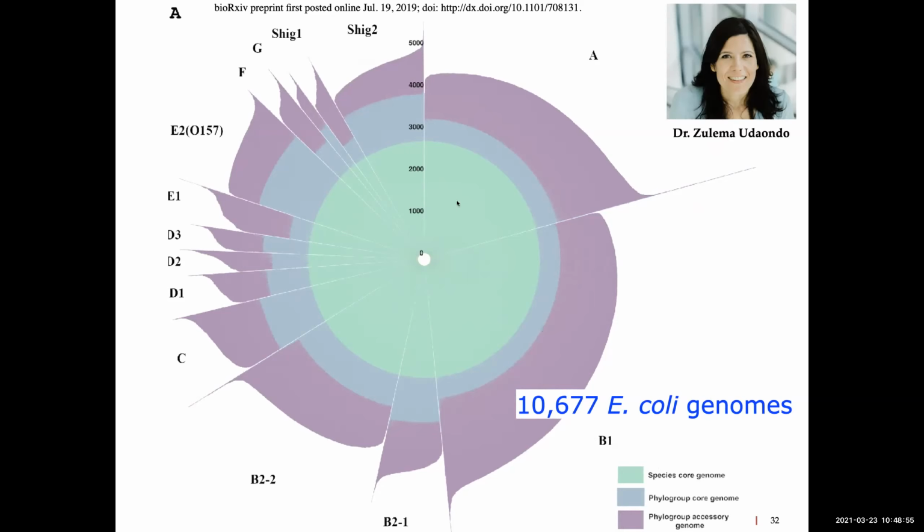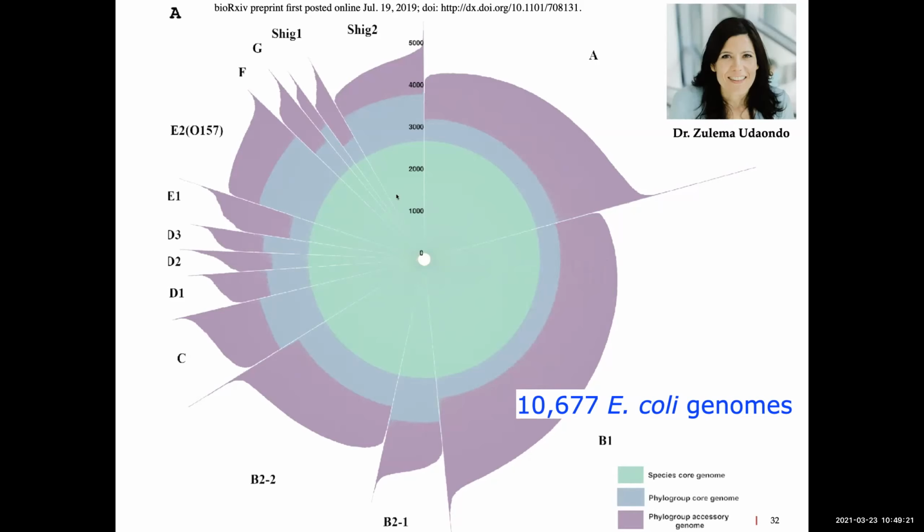And what we're looking at here is, this greenish color here is the core. There's around 2,800 that's found in all E. coli. And then we have the phenotype A, and these guys are the core that's in phenotype A that's not found in the others. And then this is found in phenotype B1 that's not in the others.